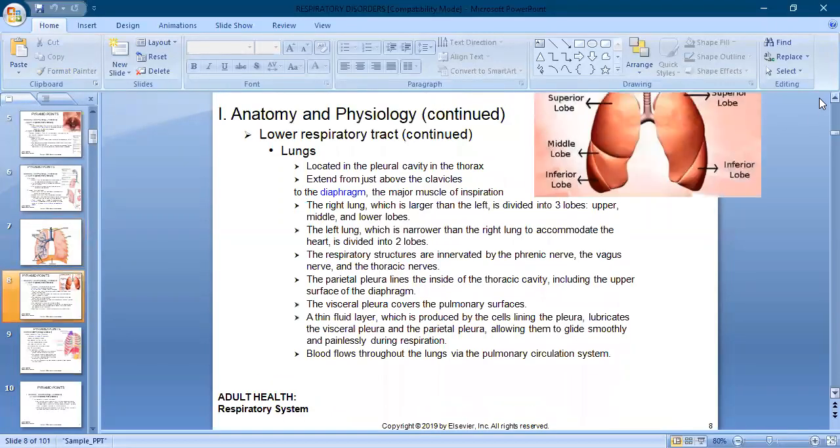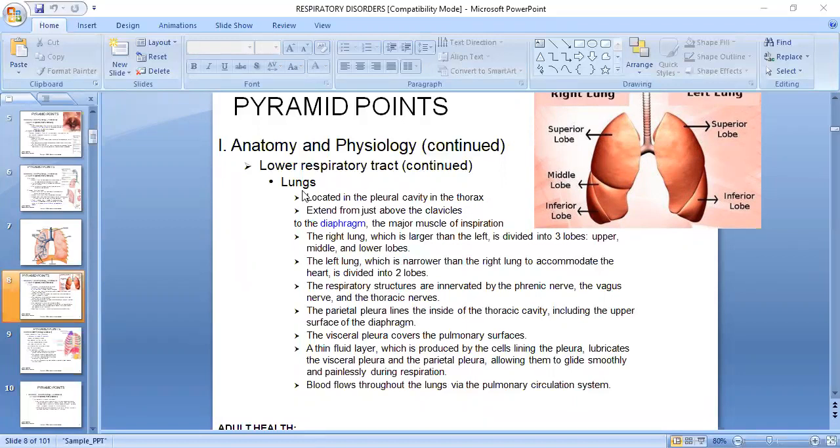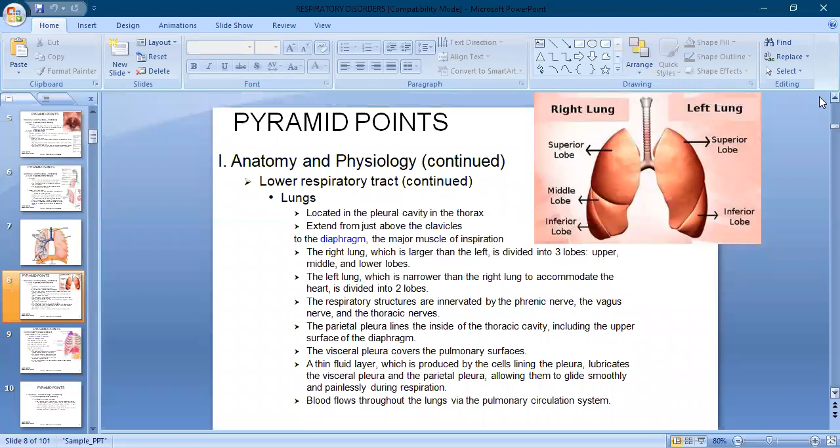So if we go here, the anatomy and physiology. So they said the lower respiratory tract. Now going to lower respiratory tract anatomy and physiology. So here you see the lungs, the lower respiratory. Okay, this picture shows the right and left lung.